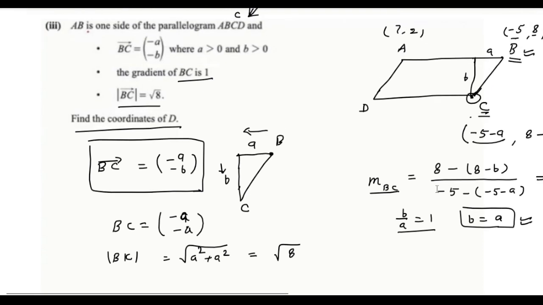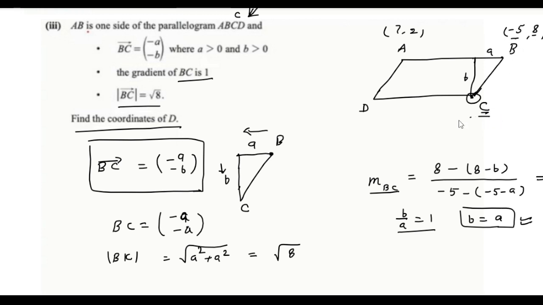So that means gradient of BC is, you find the difference of y coordinates, y2 minus y1, divided by x2 minus x1. So the coordinate of B is what? Minus 5, 8. The coordinate of C is what? Minus 5 minus A, comma 8 minus B. Okay, the coordinate of B is okay.